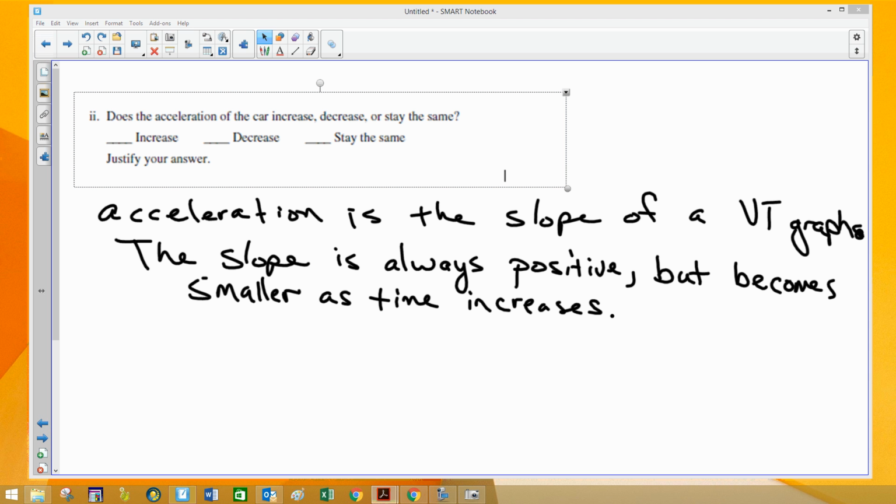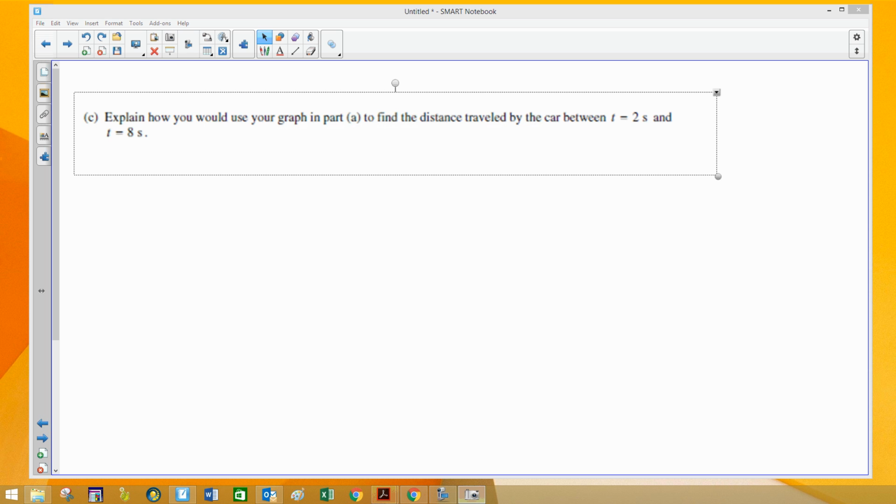Going on to part C. Explain how you would use your graph to find distance. Well, change in position, change in x, is equal to the integral of the velocity dt, from a to b.